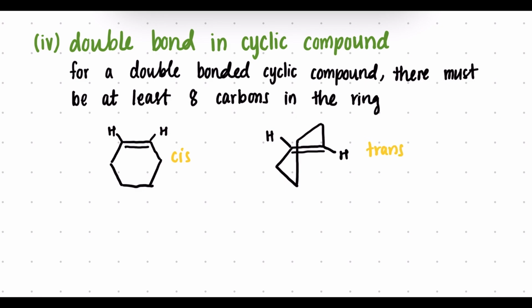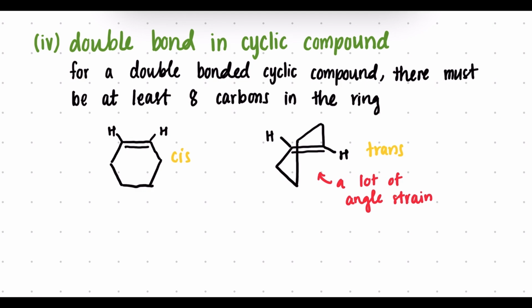So as you can see, there is a lot of bending, and what we like to call in organic chemistry or in chemistry in general is angle strain. So this right here has a lot of angle strain. And angle strain isn't exactly a favorable thing.